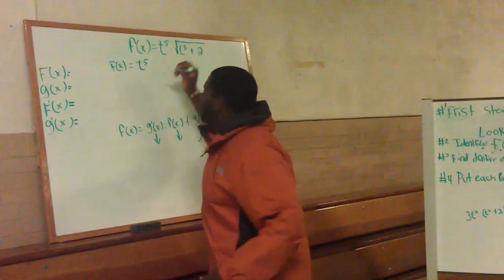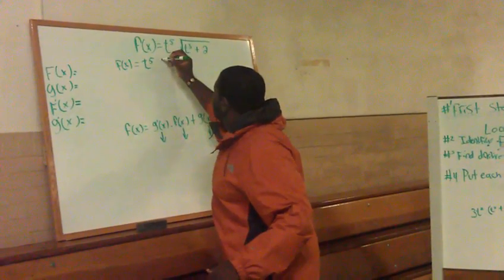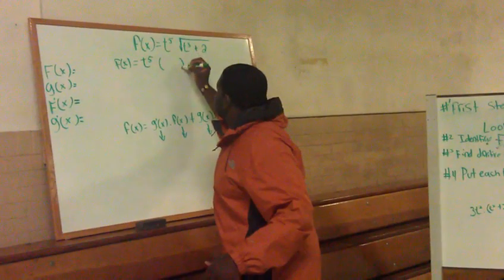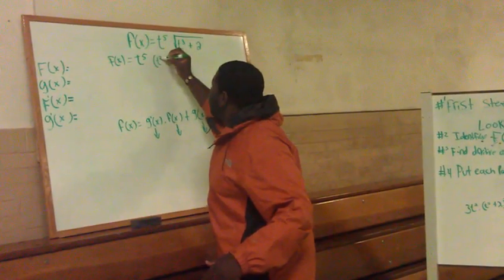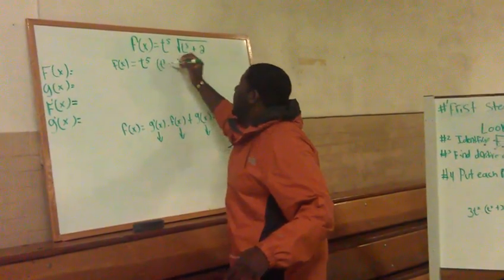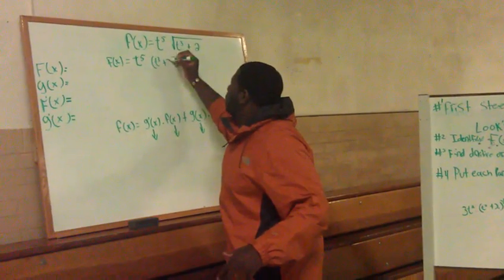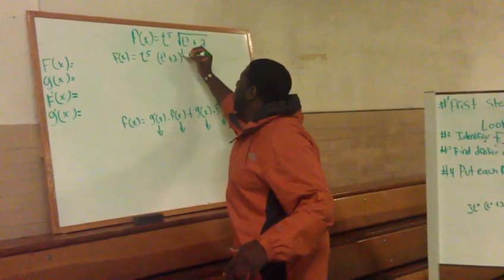It's going to look like this: t cubed plus 2 to the 1/2 power.